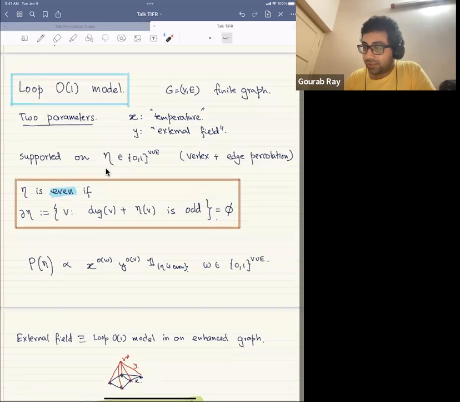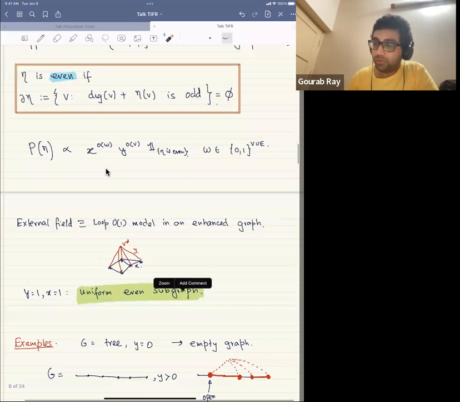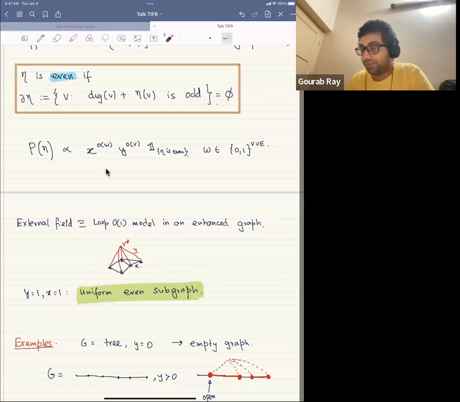This differentiation between edges and vertices may seem a bit mysterious, but another way to think of this graph is as follows.